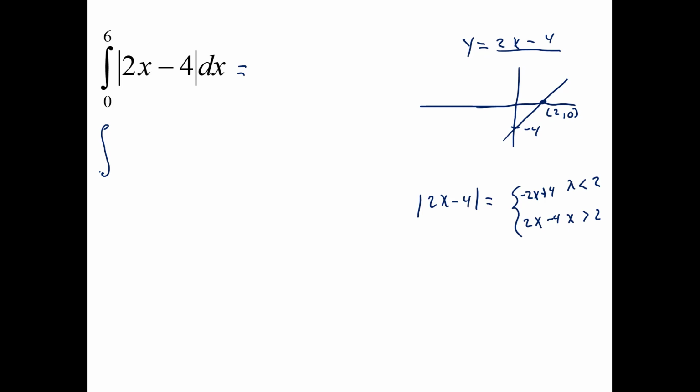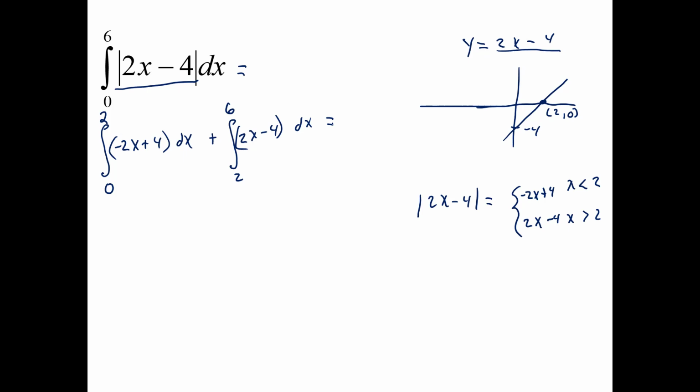We can break this integral up to go from 0 to 2, and for that, the absolute value of 2x minus 4 becomes negative 2x plus 4 dx. And then we add the area from 2 to 6. And the absolute value of that is just 2x minus 4, because over the interval from 2 to 6, that expression is positive dx.